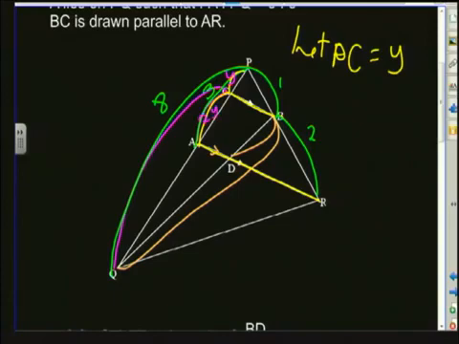But we know that the whole thing in relation to the side PQ is 3:8, so therefore PA must be 3Y. So therefore PQ is 8Y. And if PQ is 8Y and PA is 3Y, that means that AQ is 5Y.